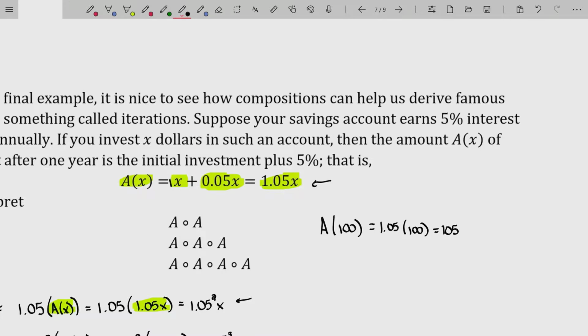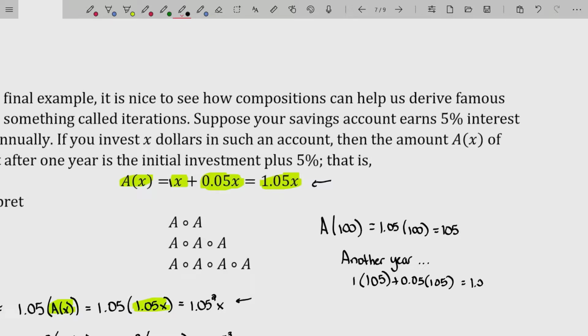Now, before I plug this into the next composition, A composed with A, I just want to ask, what would you have if you let it ride for 2 years? In other words, the first year, at the end of it, you now have 105, and you just say, rather than pulling that money out, I'll wait another year. Well, if you wait another year, you would have that original $105. When I say original, I mean the $105 after the first year. And then you'll tack on 5% of that $105, right? And if you do that, notice you have one of these $105 and another 5% of those $105.